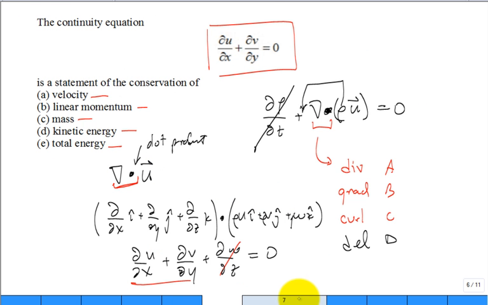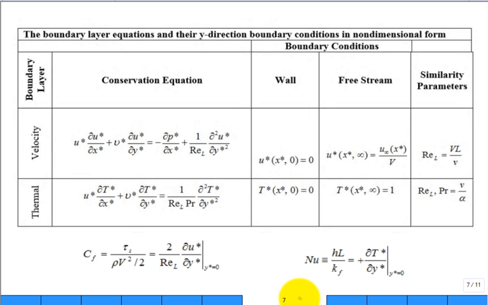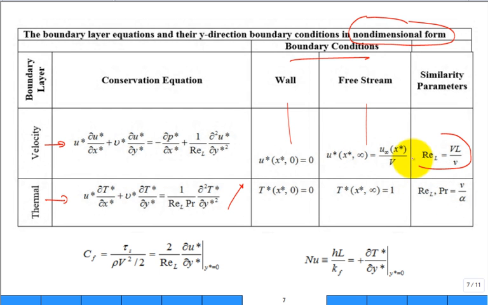We already answered that. So what we do is there's a lot of math to cast these into dimensionless form. What are the big equations? The velocity or linear momentum equation, the thermal or energy balance equation. We threw out the viscous dissipation term, and you then cast the boundary conditions in dimensionless form at the wall and the free stream, and you observe the similarity variables that really drive the flow.